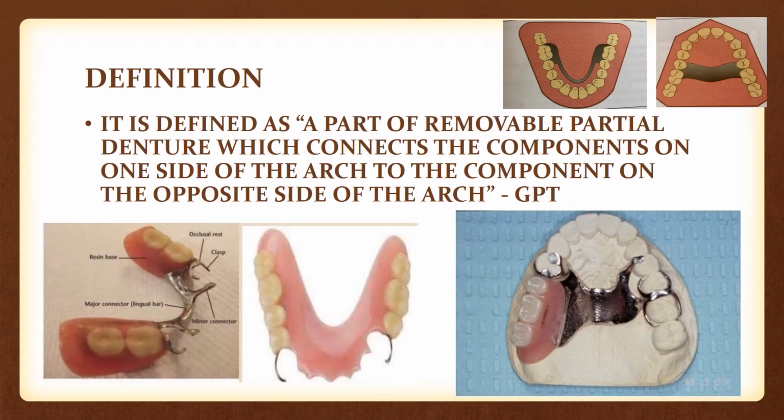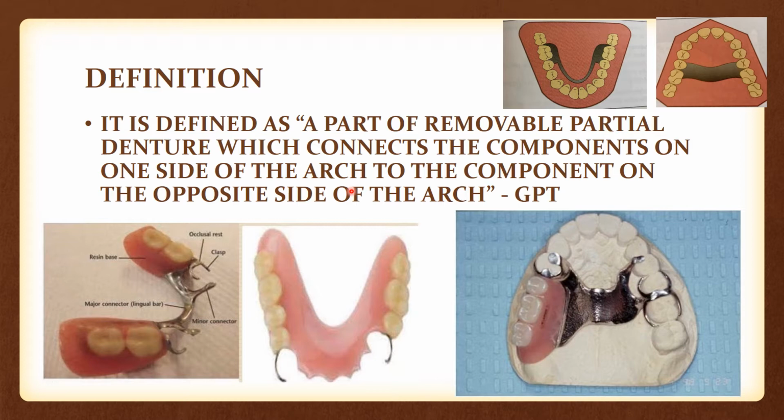According to the definition, it is a part of the removable partial denture which connects the components of one side of the arch to the components of the other side of the arch. This is given by GPT, the Glossary of Prosthodontic Terms. Connector is nothing but the thing that connects something, right?